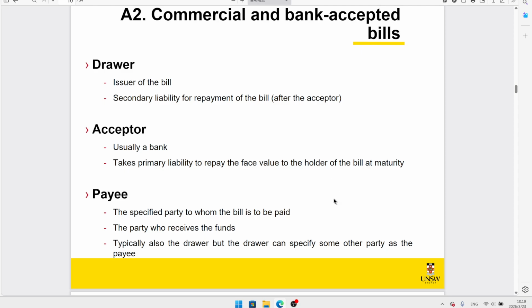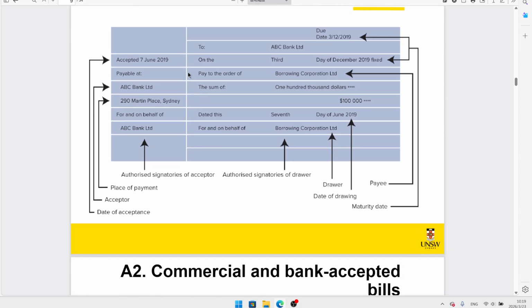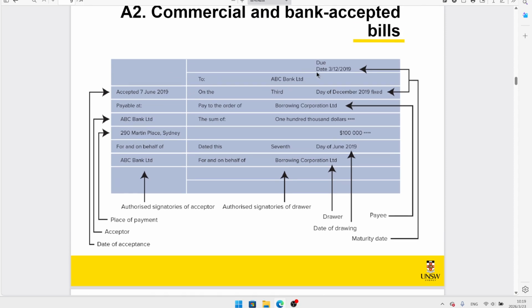So this is the form of a bank accepted bill. It says: to ABC Bank Ltd, accept, date of December, payable at ABC Bank.